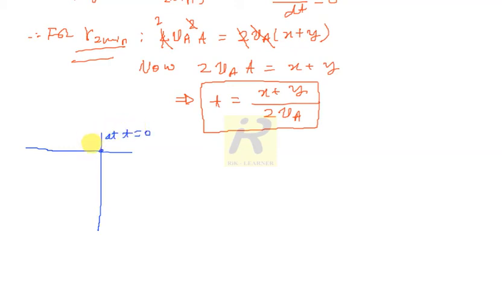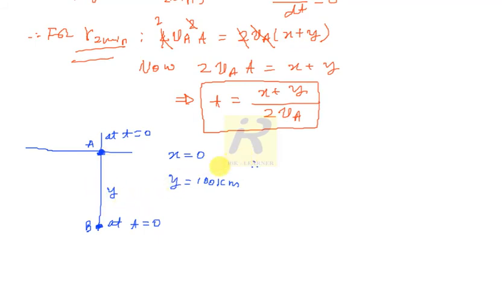Car A is here. This is car A. That means x equals 0. Car B is here at t equals 0. That means this distance is y, right? So y itself is 100 kilometer.